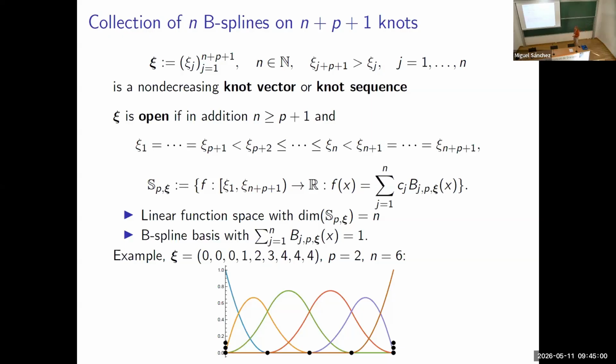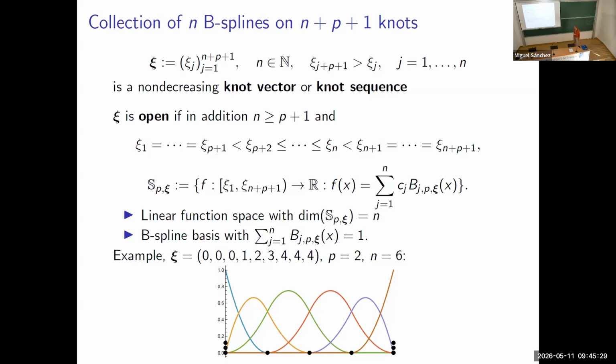And then we can define a spline space S_{p,ξ}, splines of degree p on the knot vector ξ. Because of the right continuity, its functions are typically defined on the half-open interval [ξ_1, ξ_{n+p+1}), as a linear combination of these n B-splines.